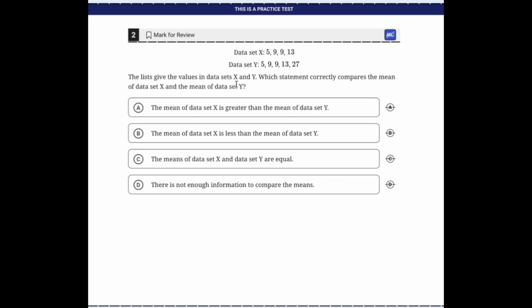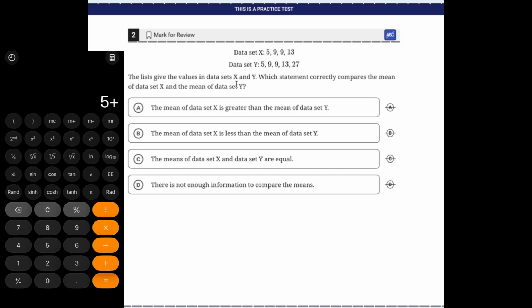Like I was talking about earlier, this problem is comparing the means of 2 data sets. Data set X, of course, is going to be 5 plus 9 plus 9 plus 13 divided by 4, because there are 4 numbers in that data set. The mean is going to be 9 for data set X.